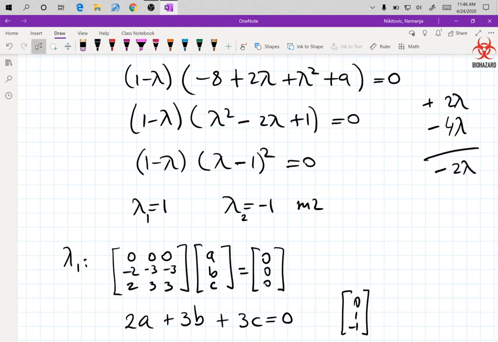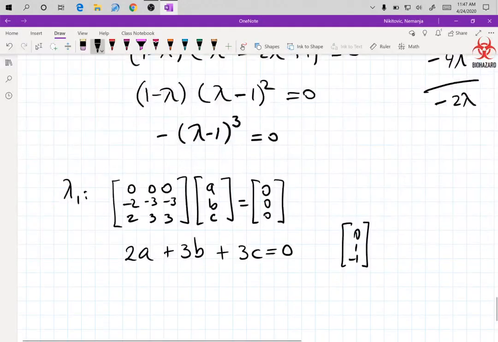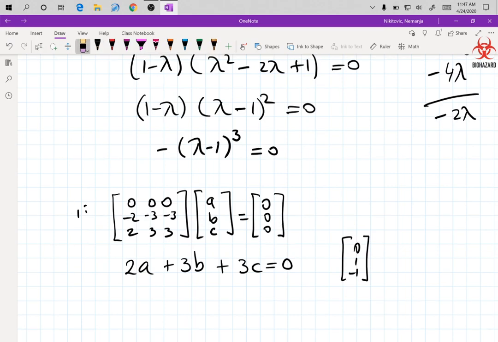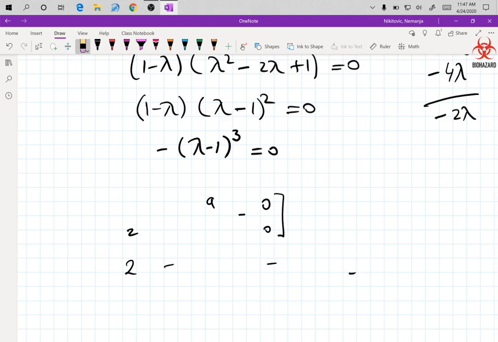I only have 1 lambda now. This is equal to negative lambda minus 1 cubed, which gives us only 1 lambda now with the multiplicity 3. Oh, this is even better. Thank you for fixing my arithmetic. I was just checking if you guys are paying attention, obviously, as always.